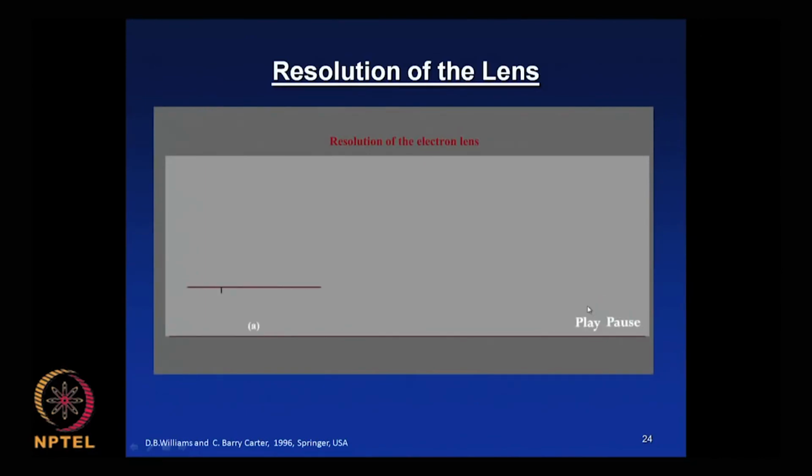Look at this. This is a self luminous point source 1 and this is point source 2, P1 and P2. When these two point sources are coming and merging with each other, then it produces a higher intensity point source.